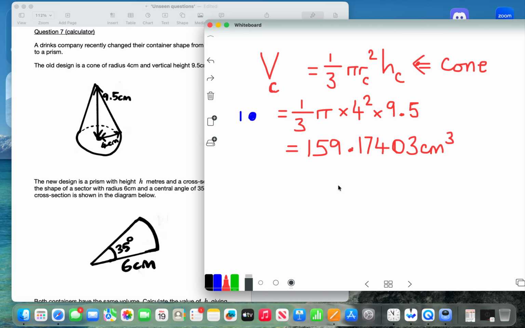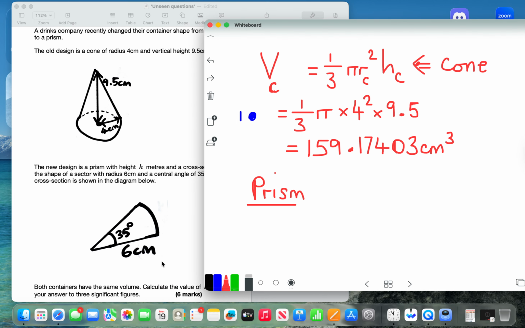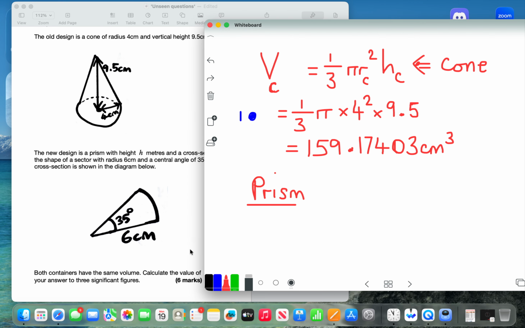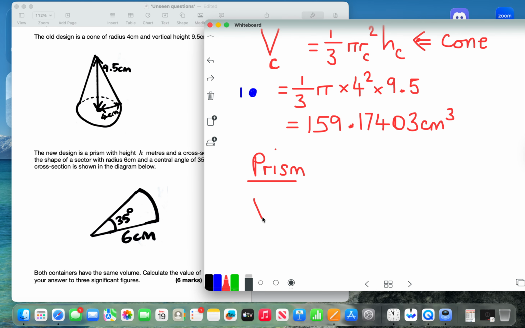Now what we have to do is use that information for the prism. We're told that they have the same volume, so the volume of the prism must be equal to the volume of the cone.